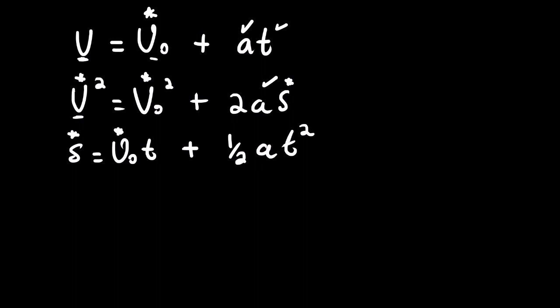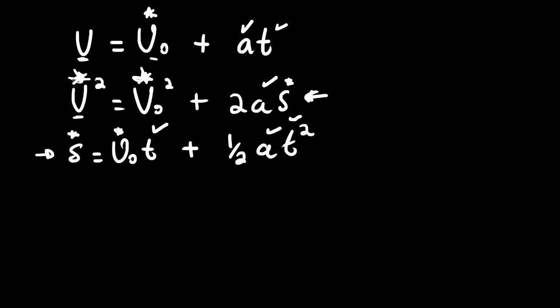We are looking for the initial velocity. We have the time, and we also have the acceleration. With this equation, we can see that we are looking for the initial velocity. We do not have the displacement. We also do not have the final velocity.